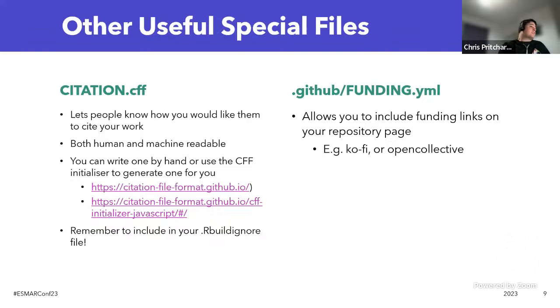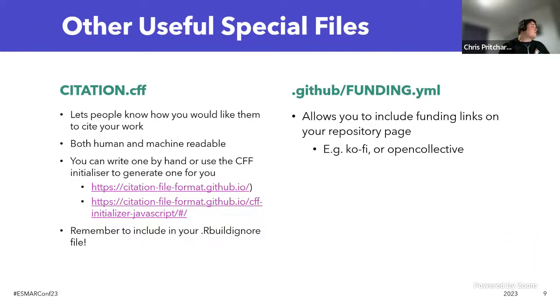But you can use the CFF initializer to generate a citation file for your project. If you're trying to build a package to submit to CRAN, we'll shout at you if you have a citation.cff file in the root of your directory, unless it's in your .Rbuildignore file. So remember to pop it in your .Rbuildignore file.